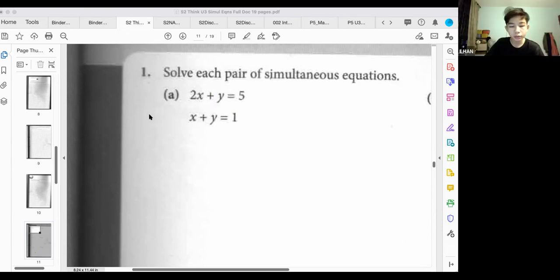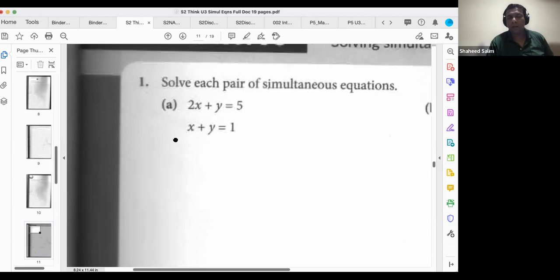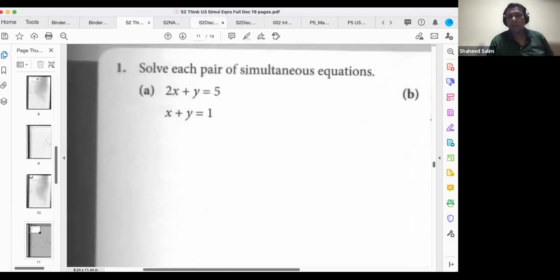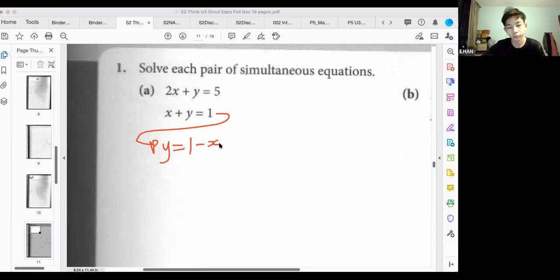For the top one, you shift the y to the bottom. Okay, the second one. I make it y equals 1 minus x. I mean the top one. But I can leave it alone, no problem.